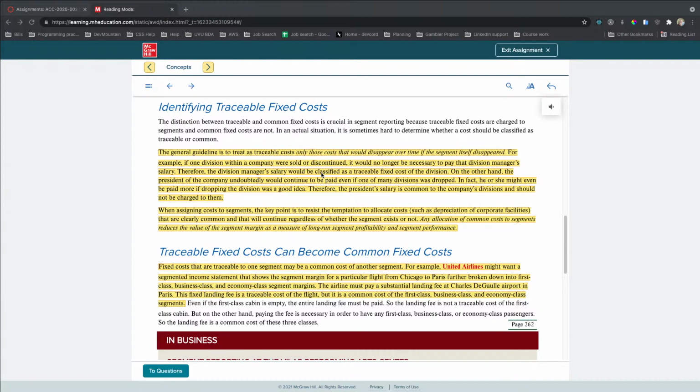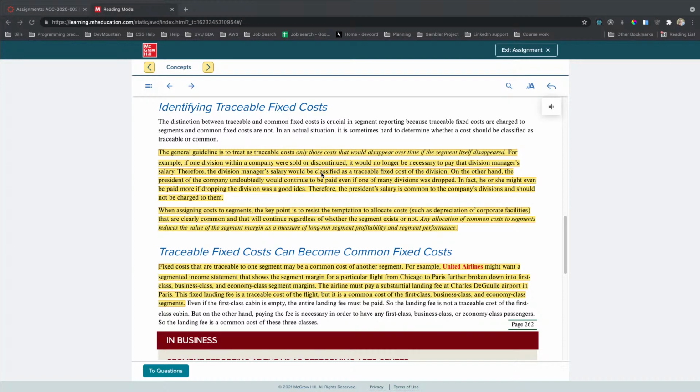In an actual situation, it is sometimes hard to determine whether a cost should be classified as traceable or common. The general guideline is to treat as traceable costs only those costs that would disappear over time if the segment itself disappeared.